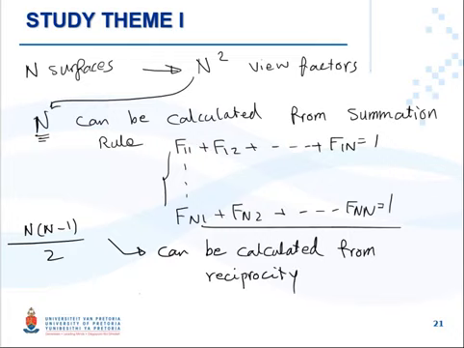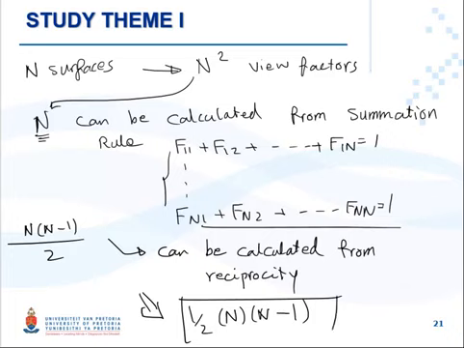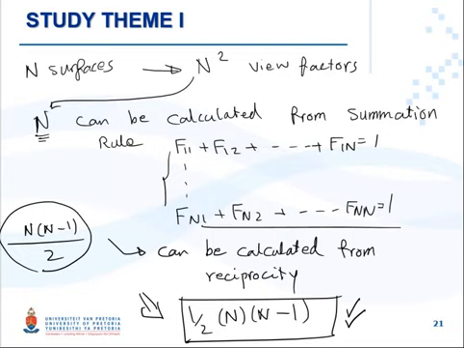So basically what is left is n minus 1. If we have this number of view factors known to us, we can find the rest by using either reciprocity or summation.